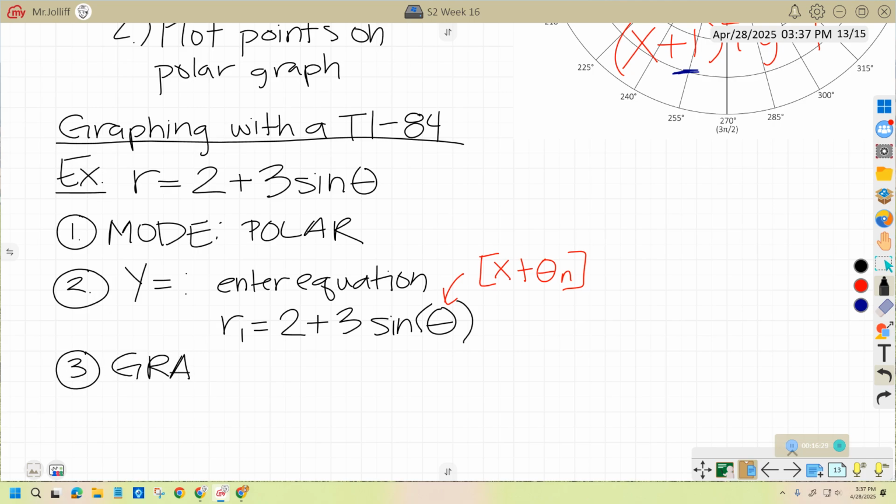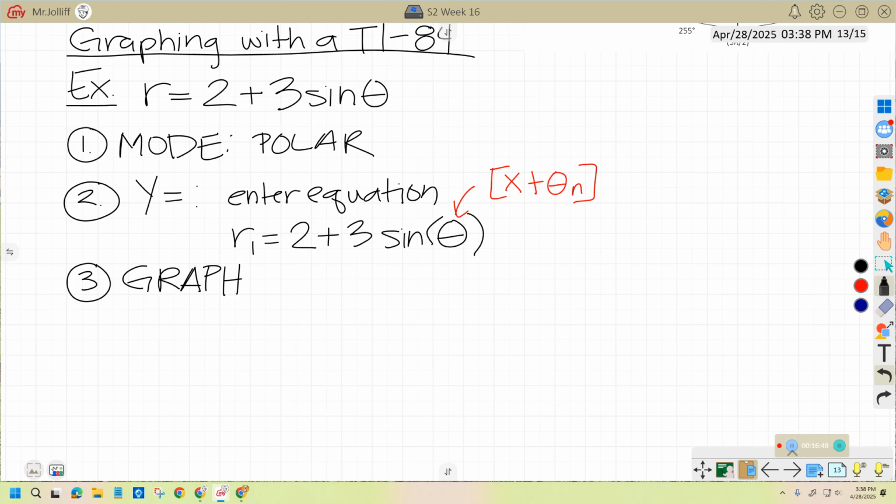Once you have entered your equation, you are going to press the graph button. And ideally, you get a nice, pretty graph. You may need to change your zoom settings.